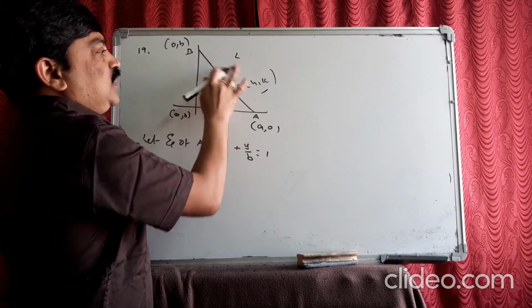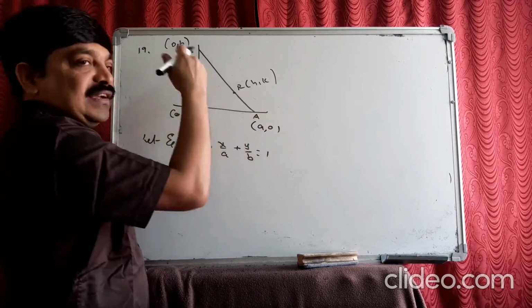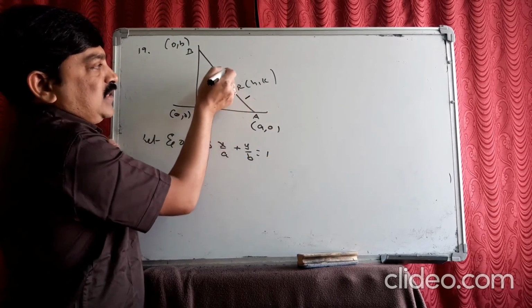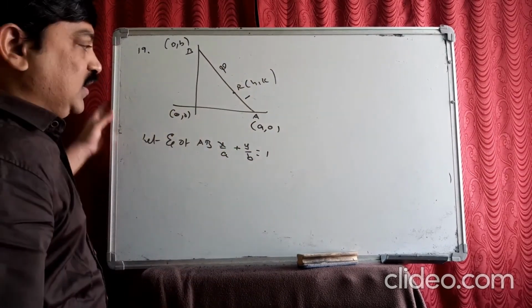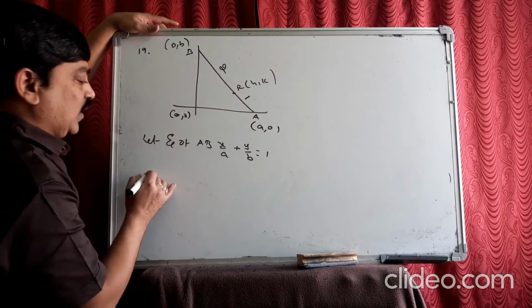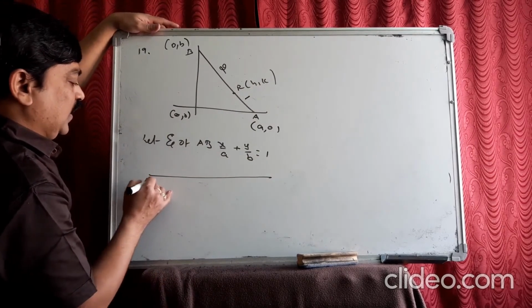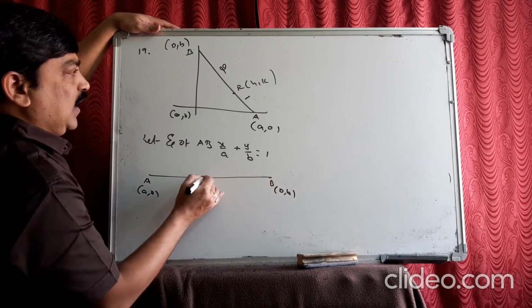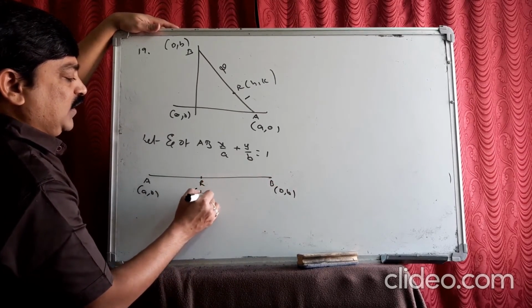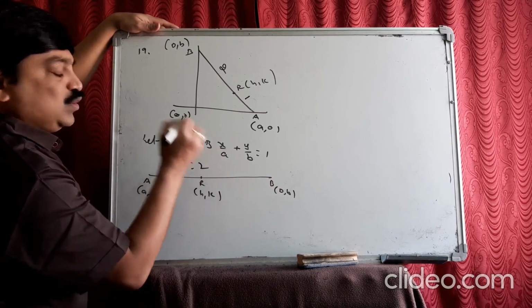Now you will have a doubt whether to take the ratio 1:2 this way or that way. You should not take it the other way, because when the ratio is given from the axes, you should start from the x-axis and go to the y-axis. This is very, very important. So let us find R using the section formula. A is (a, 0), B is (0, b), and R is (h, k), dividing in the ratio 1:2.